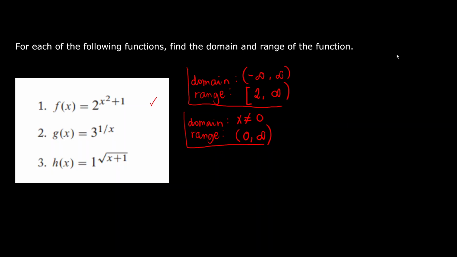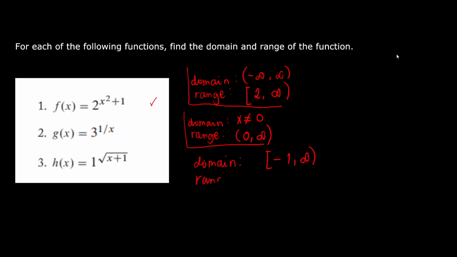Pwede ang negative 1 pala kasi negative 1 plus 1 square root of 0 is 0. Pwede ang negative 1 pero lower than negative 1 is hindi pwede. Kasi pag nag-negative 2, ito, so negative 1, imaginary na yon. So, dapat ang domain niya, ang possible values of x lang is from negative 1 to positive infinity.